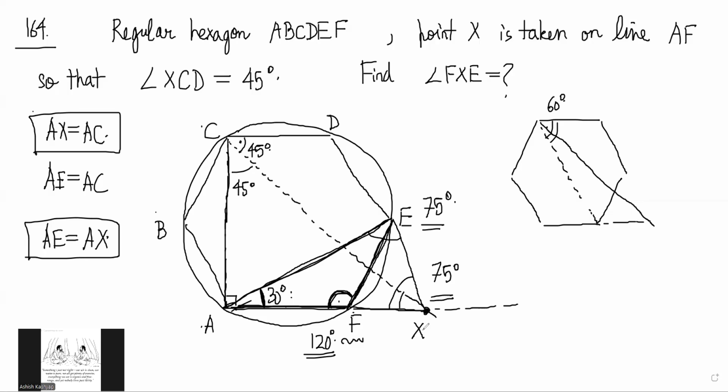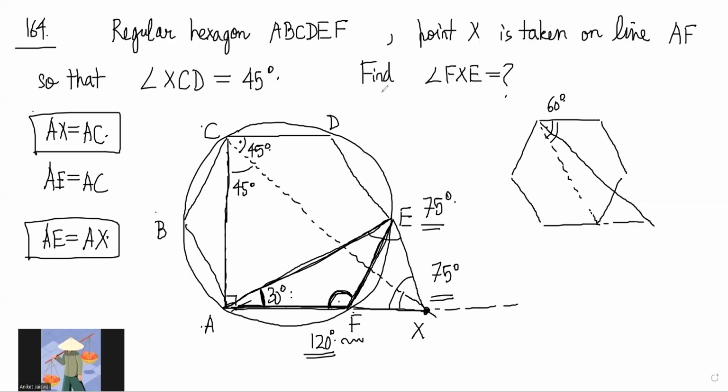What is the next doubt? Sir, answer of 165. Yes. 165 is 30 degrees. C0, C1, C2 angle. The answer 30 is coming, 30 degree.